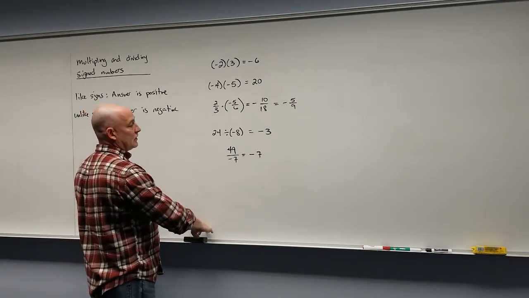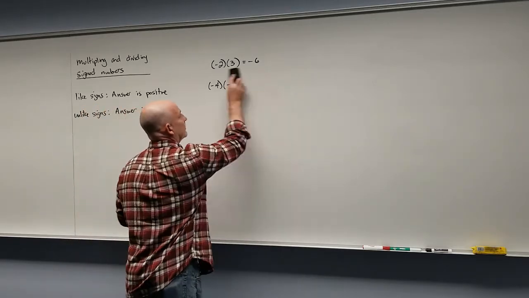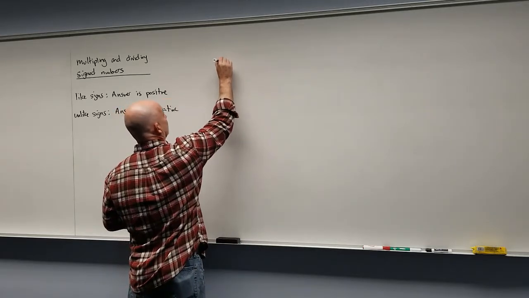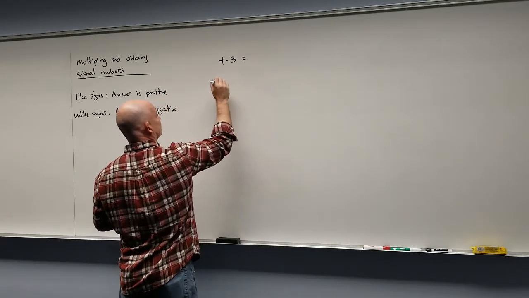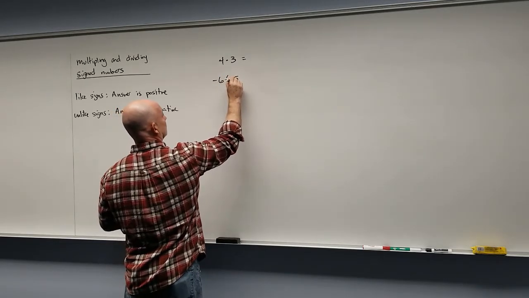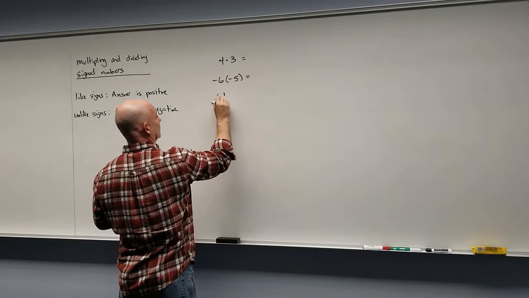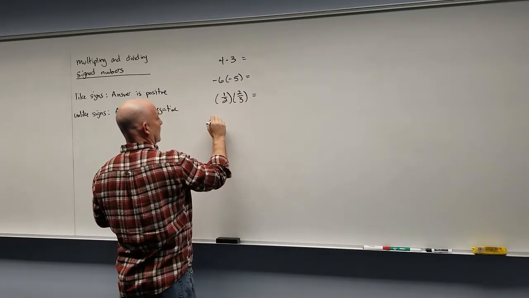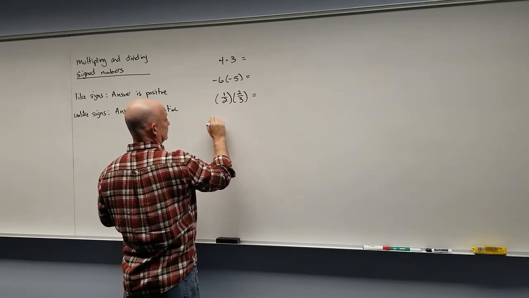So let me give you a few of these to try. Take a look at one more thing. All right, so let's see, if I gave you, start with something easy. 4 times.